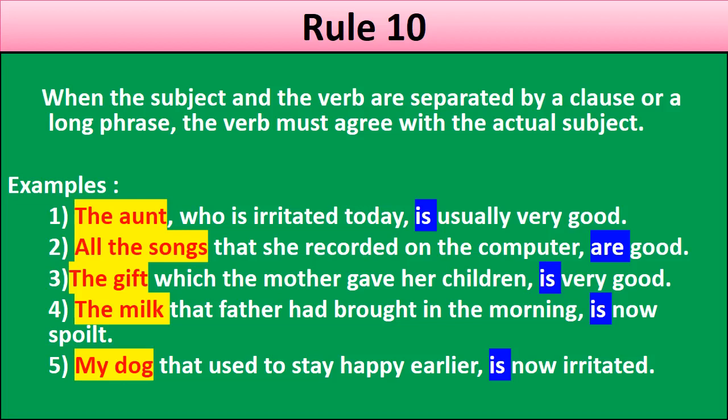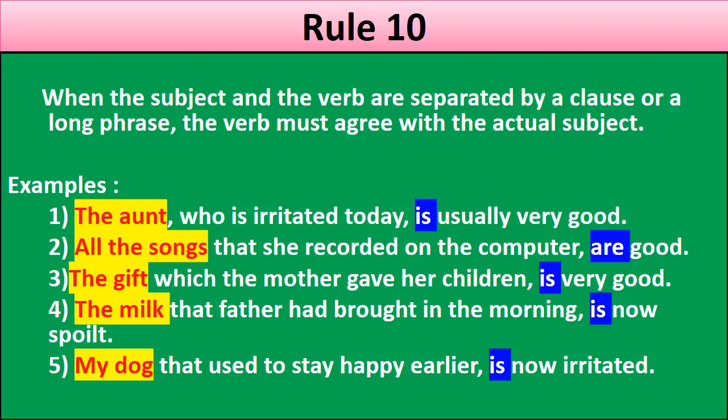Now after the comma, this phrase is giving us more information about her, and the verb provided is because the subject is singular. All the songs that she recorded on the computer are good. So all the songs, plural, that's why the verb provided is are.